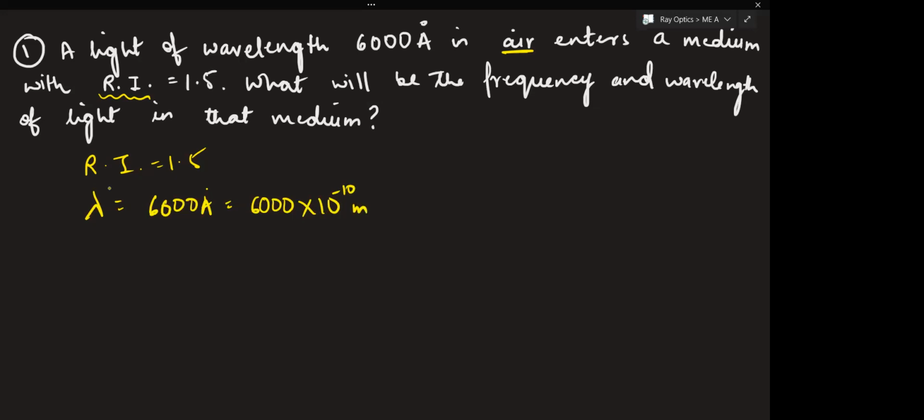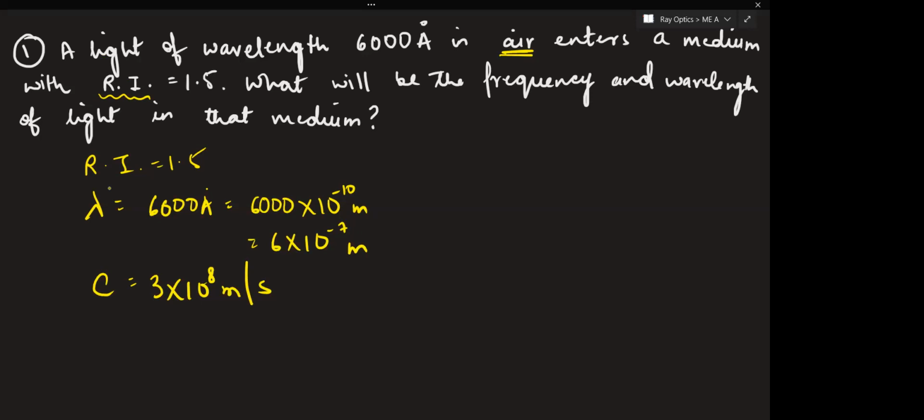This is the wavelength. What all things do we have? The speed of light we already know. That is not mentioned, but the speed of light in one medium we know because that medium is air. Right. Anything else? No, I think this.